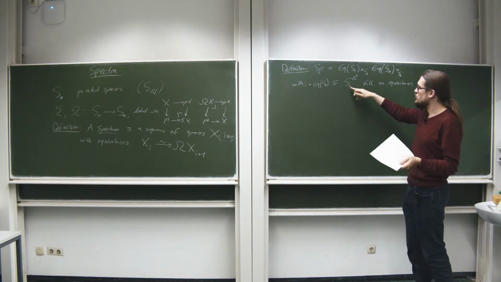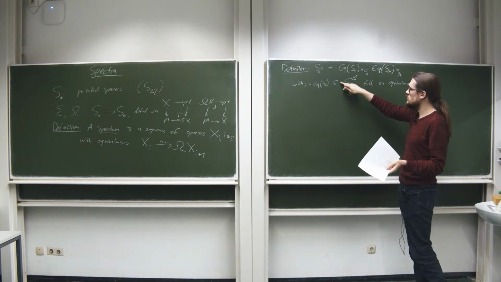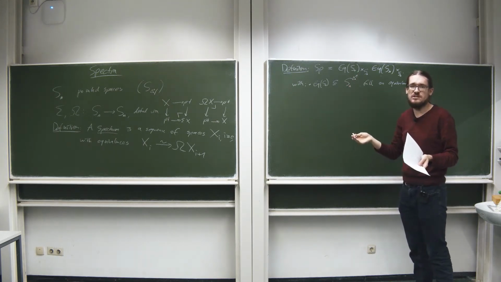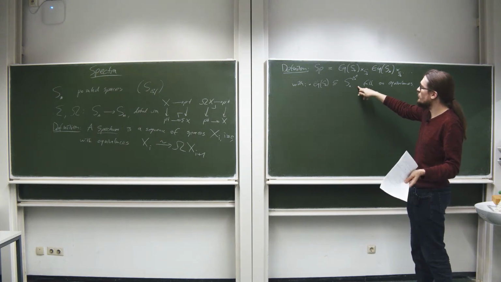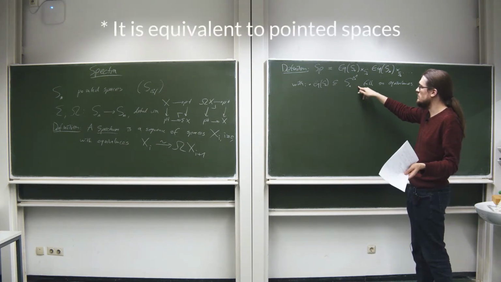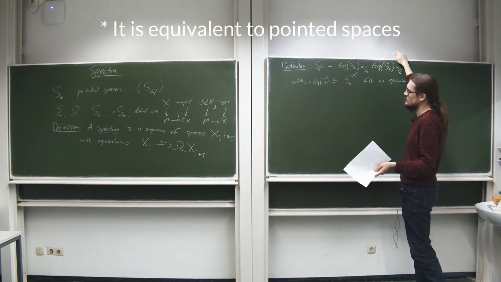So I consider just those arrows which are equivalences, but with arbitrary morphisms between them. This subcategory is, of course, equivalent to spaces as an infinity category.